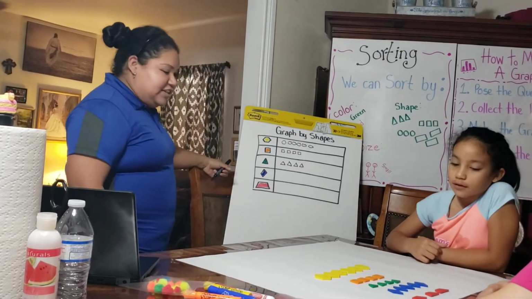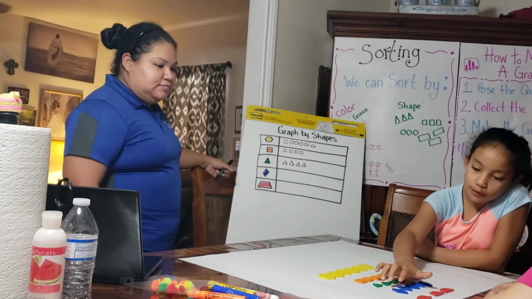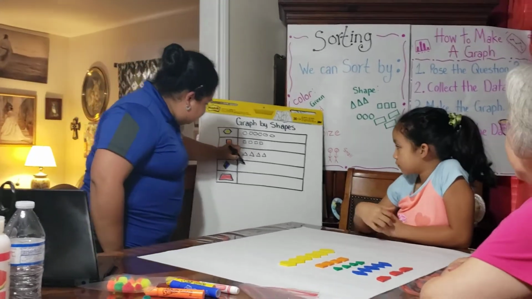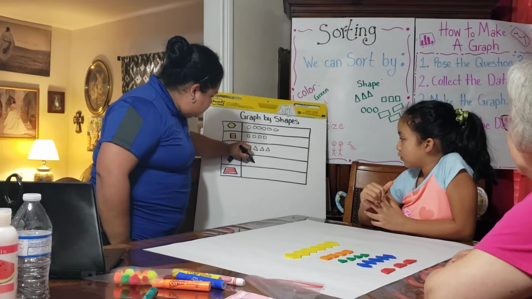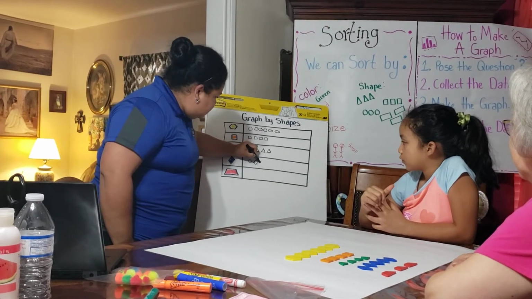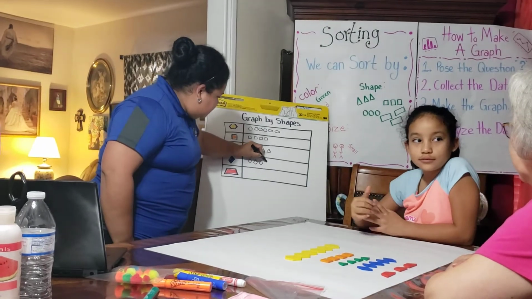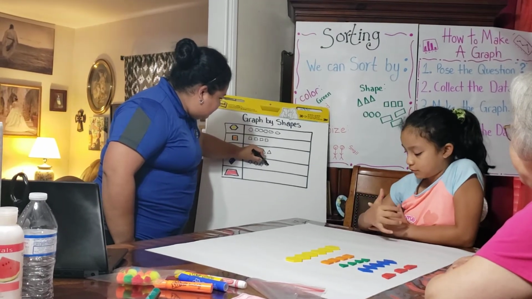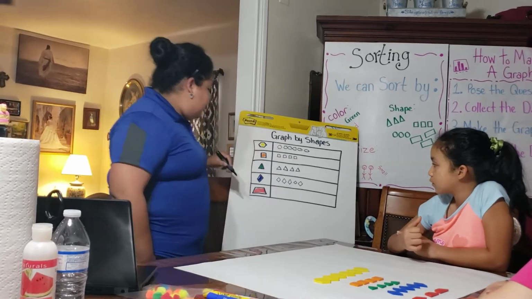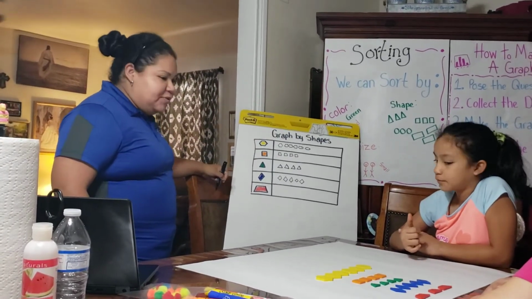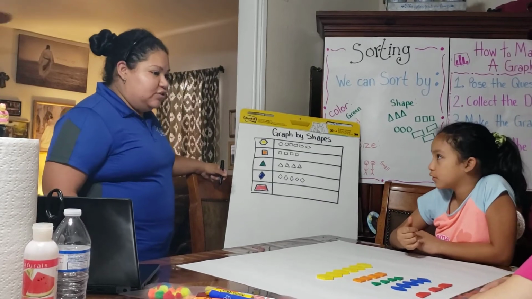Leilani, how many diamonds do you have? 5. 5 diamonds. All right. And Leilani, how many trapezoids did you sort? 3?